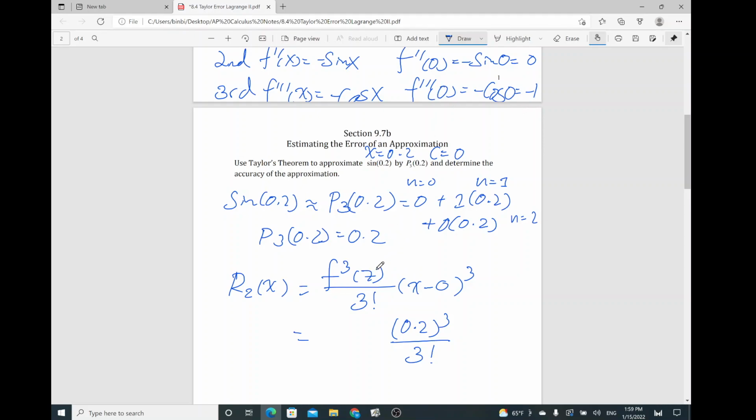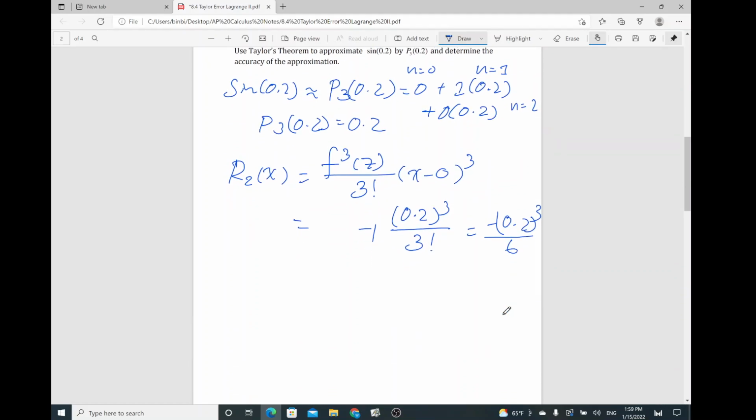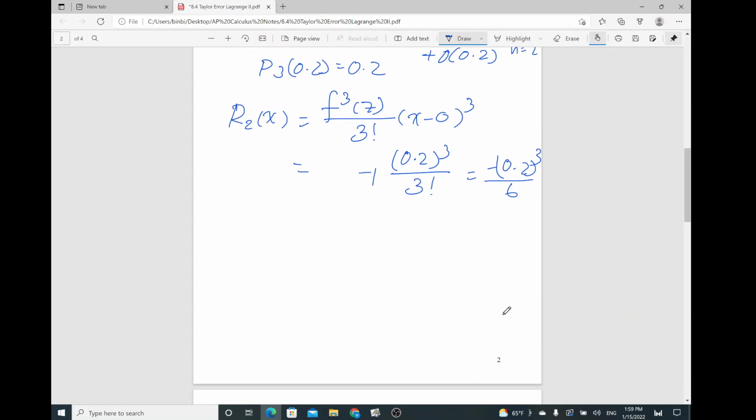Using the value of c as 0, this will be -1. So the remainder is -0.2 to the power of 3 over 6. You can say that this would be the maximum error if you take the absolute value of this. So this would be the absolute error.